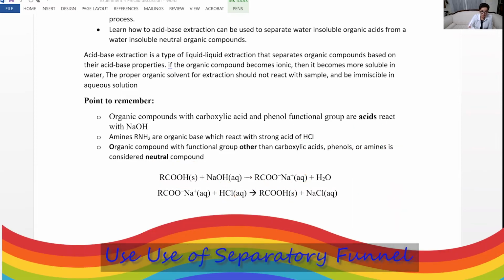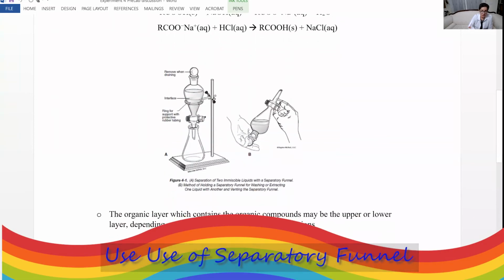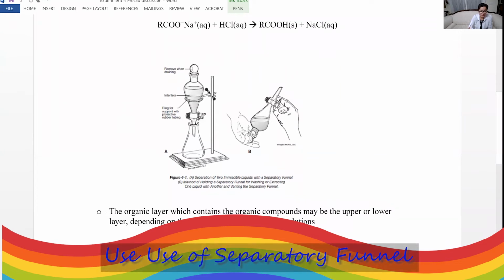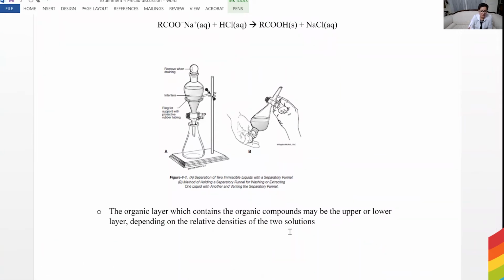As I said, the equipment that you're using for extraction is a separatory funnel. For the setup, you have a ring stand, you have a proper size iron ring, and you place your separatory funnel. The stopcock must be closed when you are pouring liquid in, and it's going to be closed in the horizontal position.